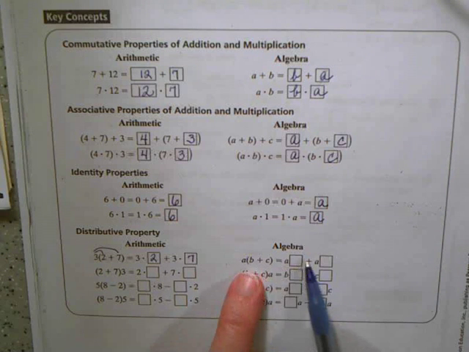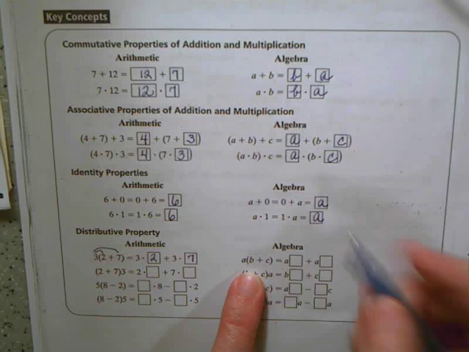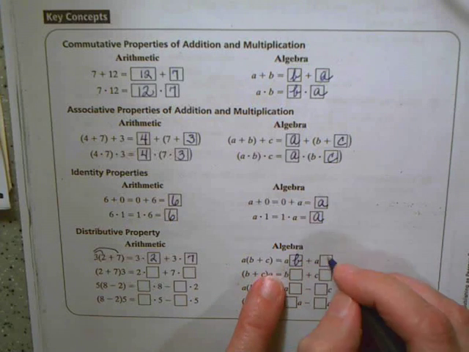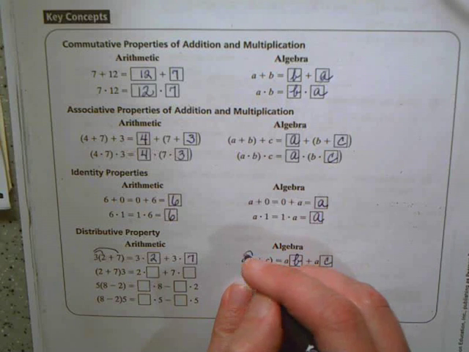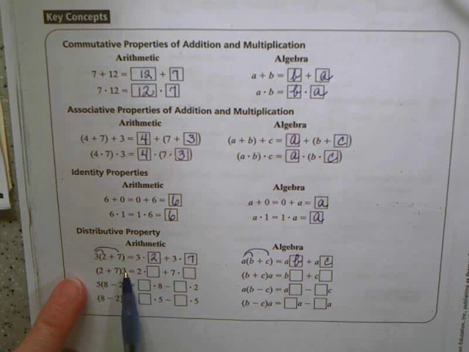Okay, looking at that algebraically, a times the quantity b plus c is equal to a times b plus a times c. Again, a gets distributed to both terms within the parentheses. All right, this is a similar situation. The only thing different is that the number that we're multiplying is behind the parentheses.